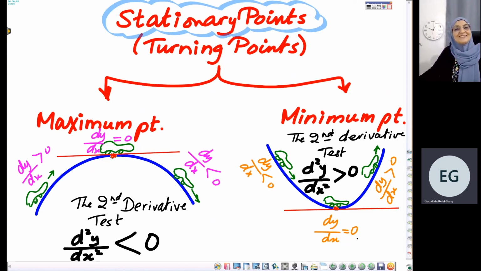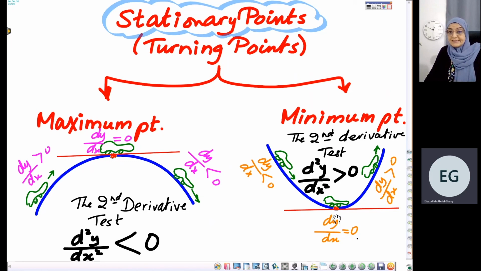Where is that? At stationary points. A stationary point could be the maximum point, which is the top of the hill, or it could be the minimum point, which is the bottom of the valley. In these two cases, the gradient of the tangent to the curve is 0.